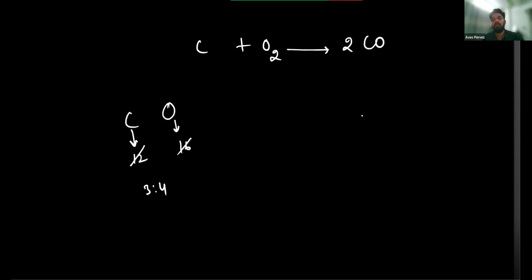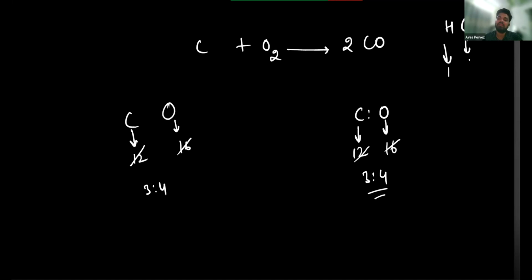In carbon monoxide we have one carbon atom and one oxygen atom. The mass of one carbon atom is 12 and of one oxygen atom is 16. You divide by 4 and you get a 3:4 ratio. Similarly, in HCl, H is 1 and chlorine is 35.5, so they are already in the simplest ratio, 1:35.5. Why are you not answering?